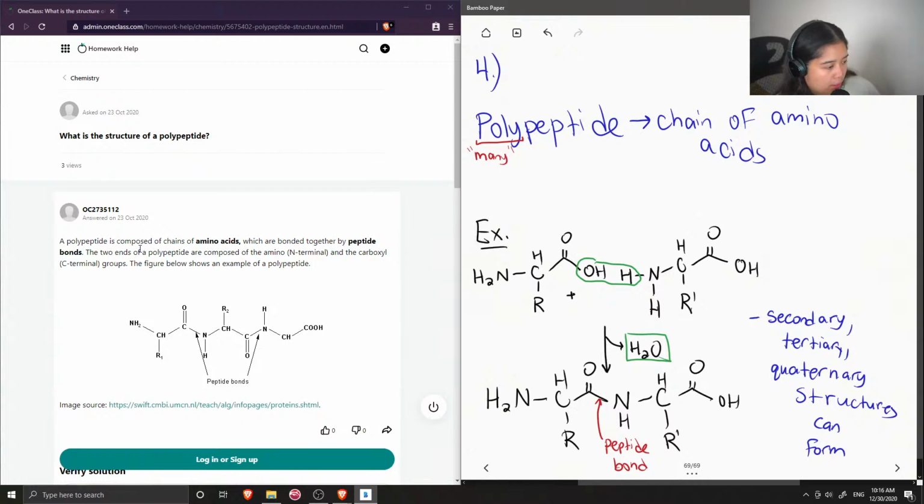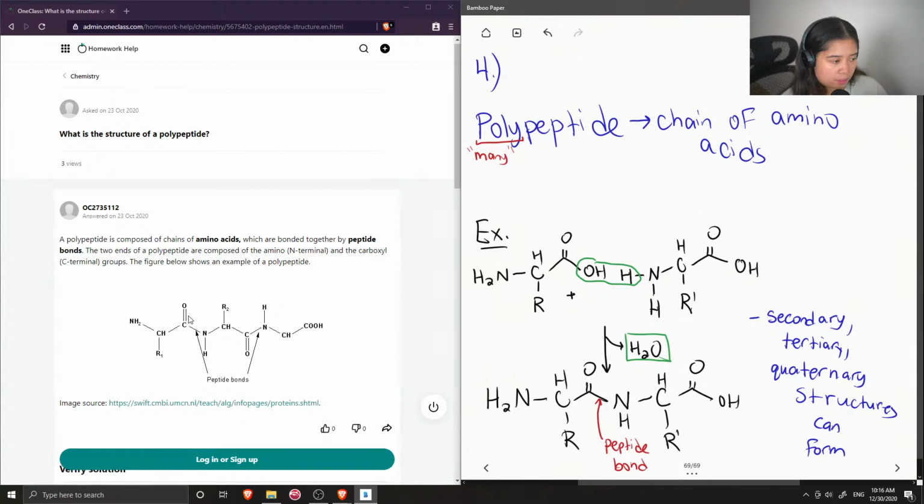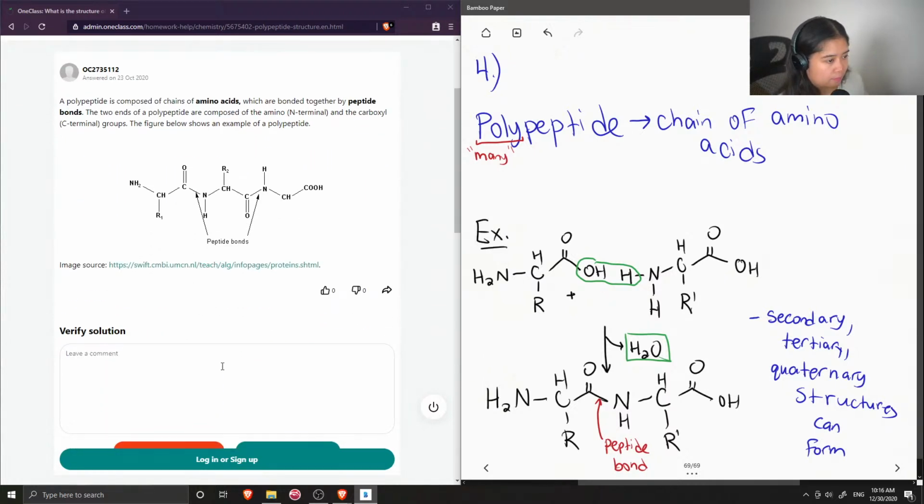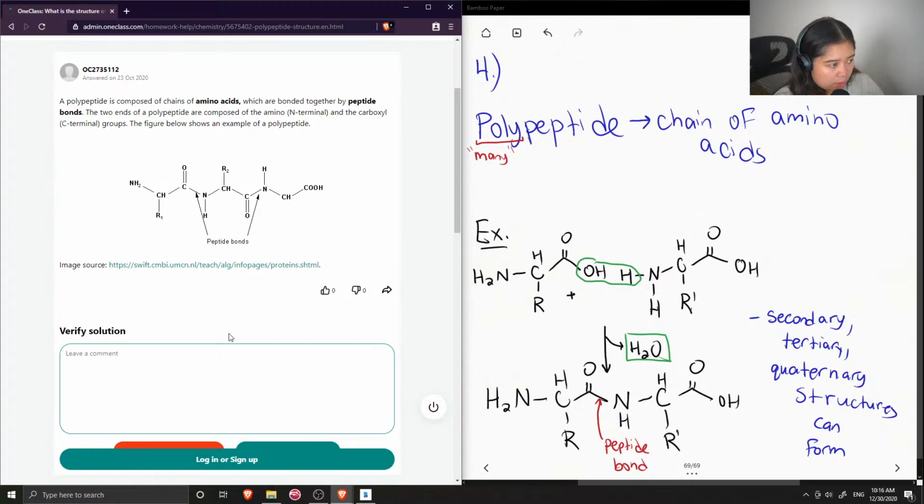The two ends of a polypeptide are composed of the amino N-terminal and the carboxyl C-terminal groups. Figure below shows an example of a polypeptide. Okay, so this solution is correct.